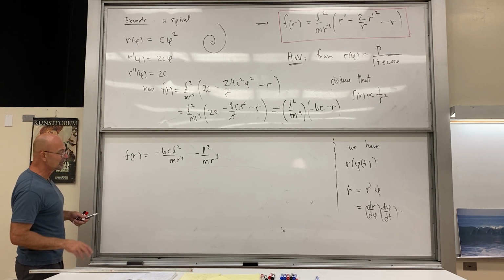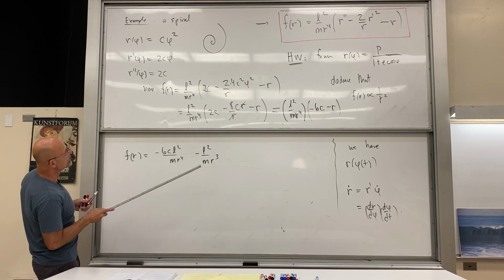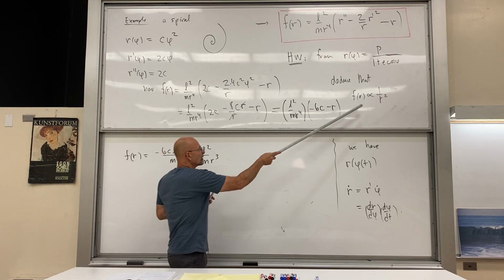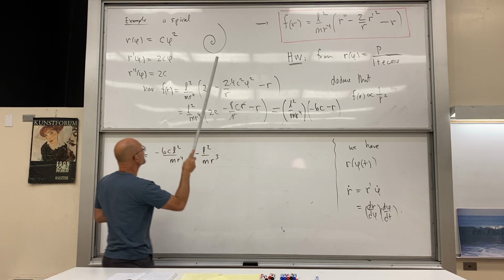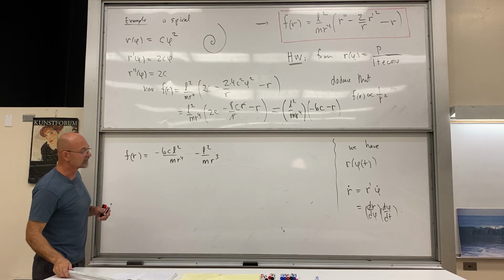Turns out that any power of r greater than 2, do we have any 2's up here? No, we don't. Any power of the force greater than 2 has these spiraling type of orbits of various types.